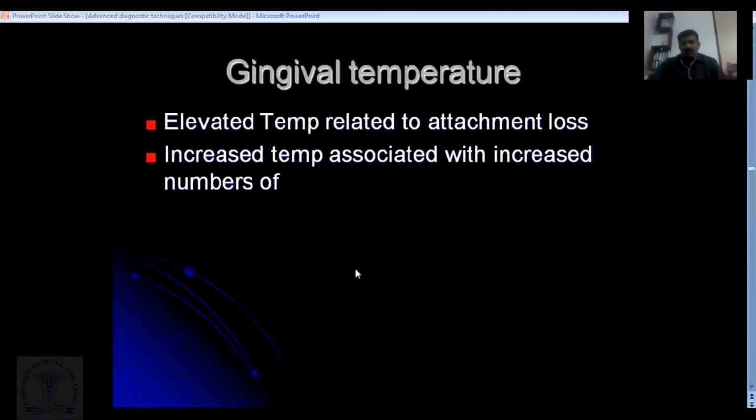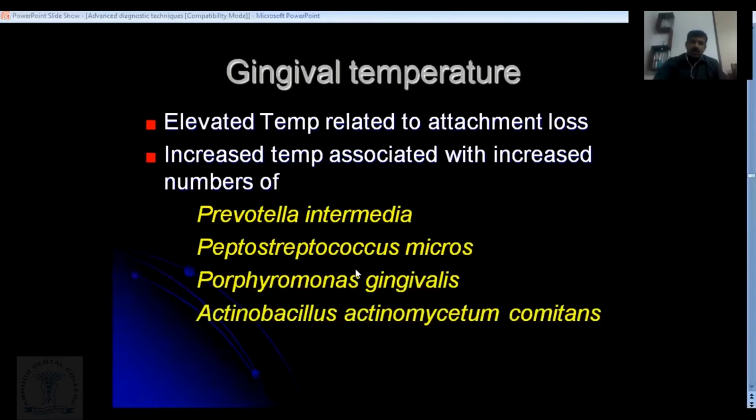And there are a lot of studies available in the literature which say that whenever there is an increase in temperature, it is related to attachment loss. It is also noted that in sites where there is increased temperature, the number of the main periodontal pathogens is also more, like Prevotella intermedia, Streptococcus micros, P. gingivalis, and A. actinomycetemcomitans.